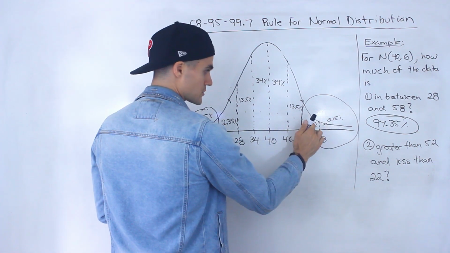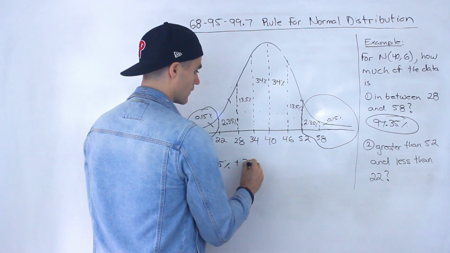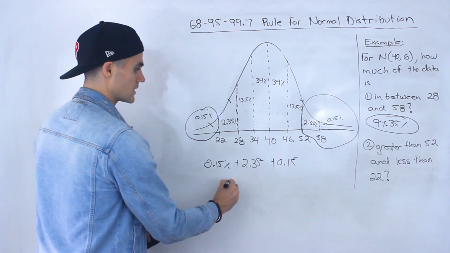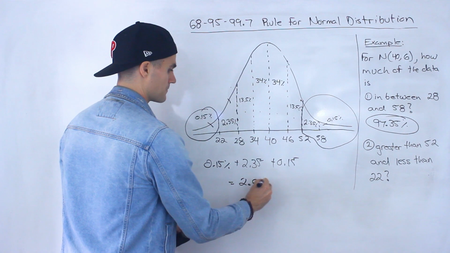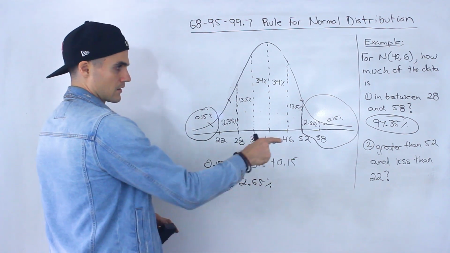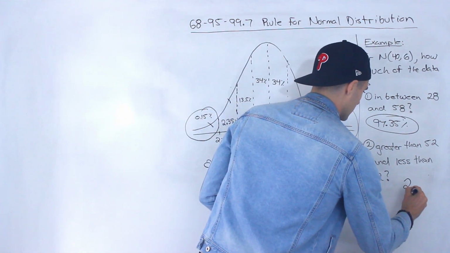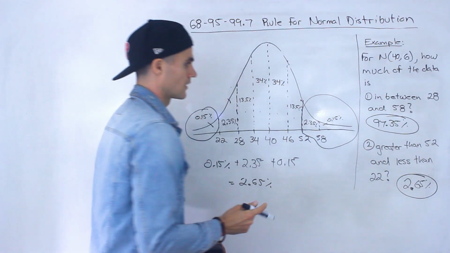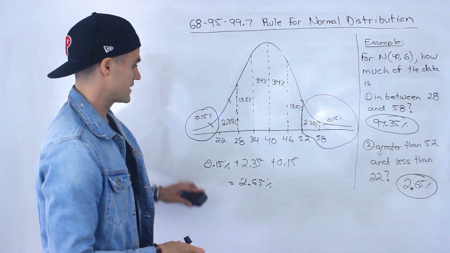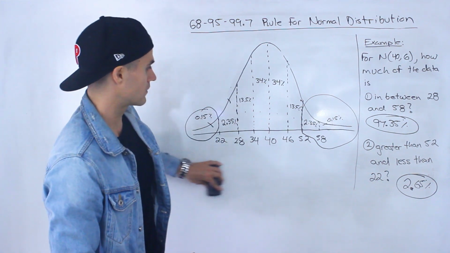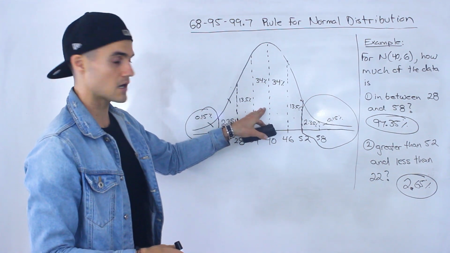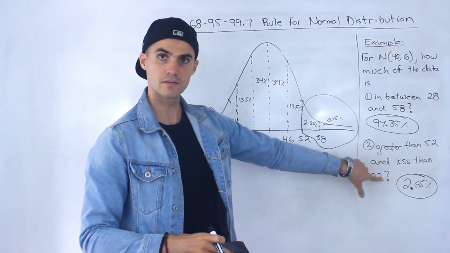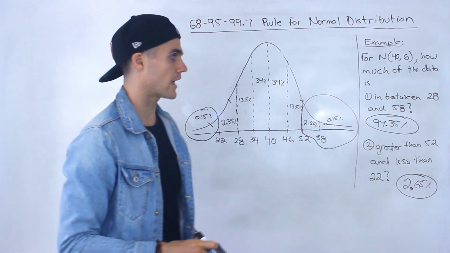But greater than 52 is 2.35 plus 0.15, and then when you add these, you would get 2.65%. So the answer for number 2 is 2.65%. So just a couple of examples of where going into this more detail helps in answering these types of questions. Sometimes you're going to have to do that.